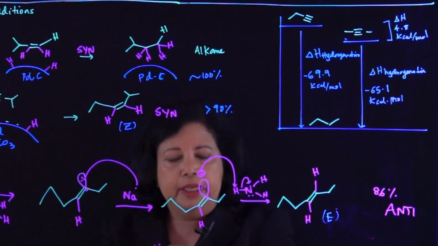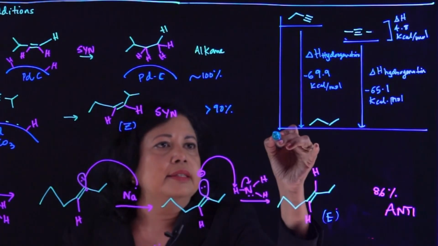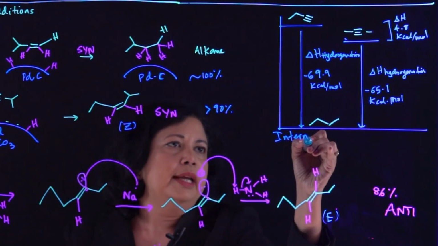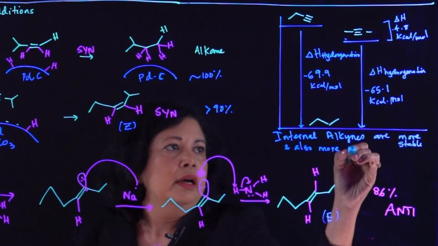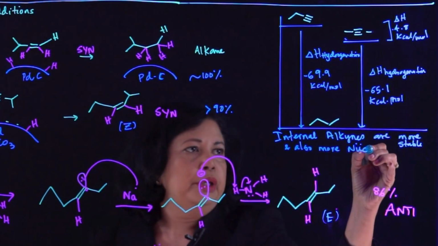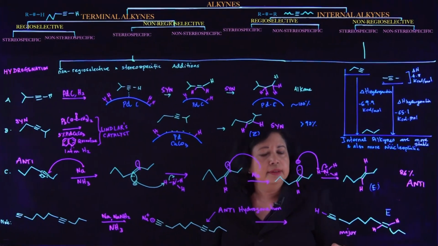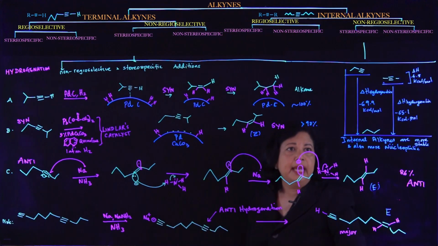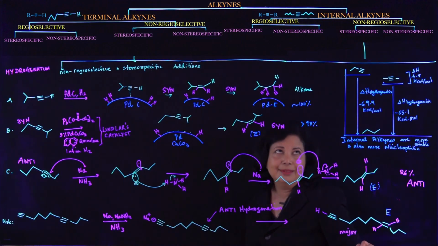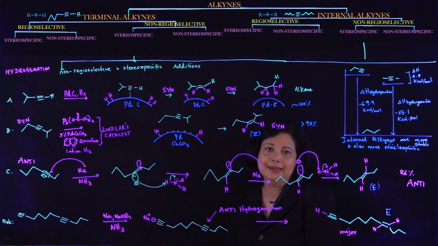So that's another thing we would like to point out here. Internal alkynes are going to be more nucleophilic and more reactive. The fact that they are more nucleophilic means they will react faster or more with electrophiles. So the reactivity would also be greater for internal than terminal. Those are some of the main differences between internal and terminal alkynes.